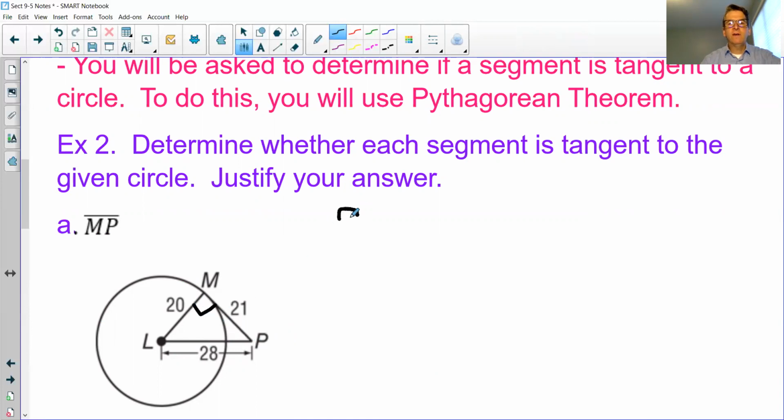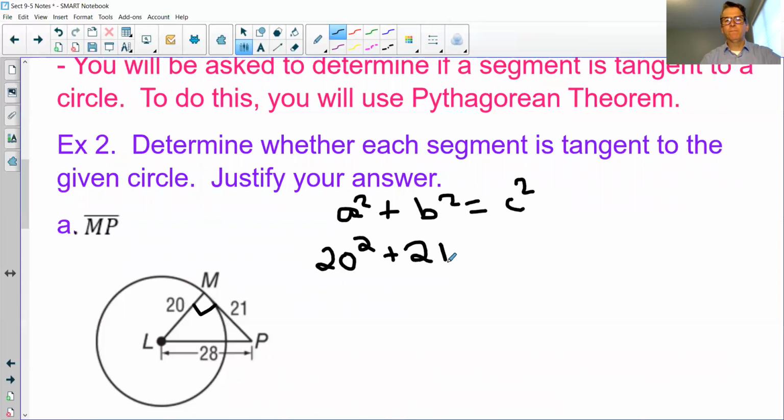We're going to check to see if a squared plus b squared is equal to c squared. So by the use of the Pythagorean theorem, we've got our two legs, 20 and 21, and we're putting it to the test. We've got a question mark here, and we're checking to see if it's going to be 28 squared.